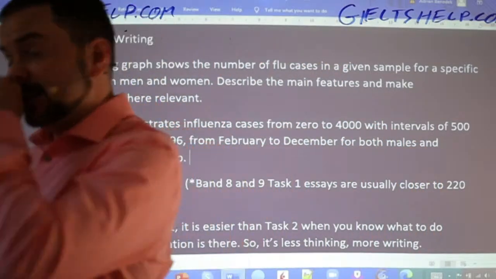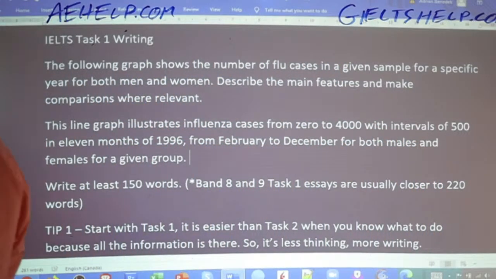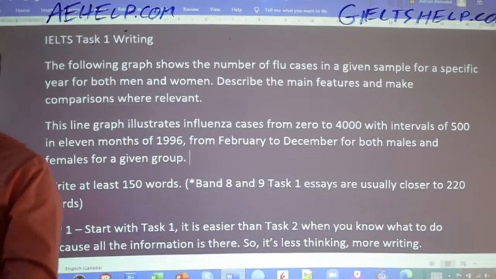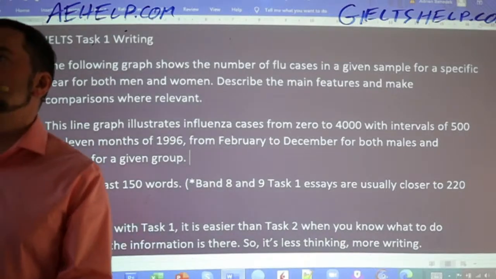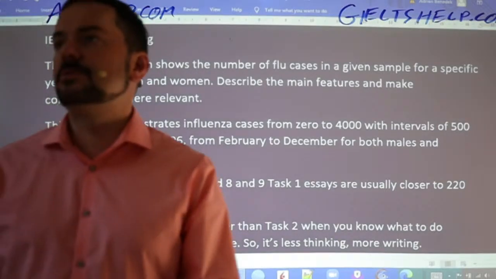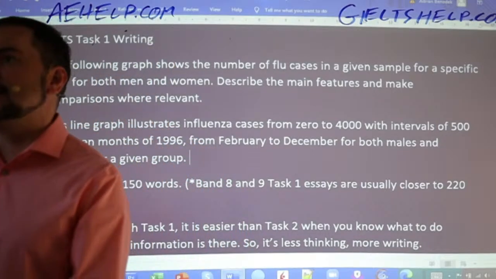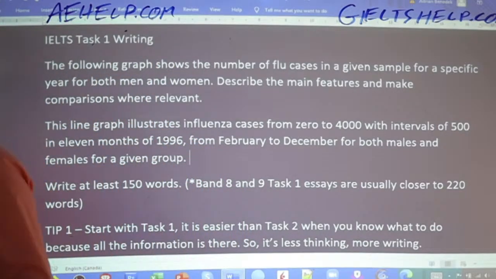Okay, Sudarshan, yeah, we'll definitely look at the graph here again. Ashishir says the line graph illustrates the number of both males and females infected by influenza throughout 11 months of the year 1996. Okay, Ashishir, that's better, so more detail there.